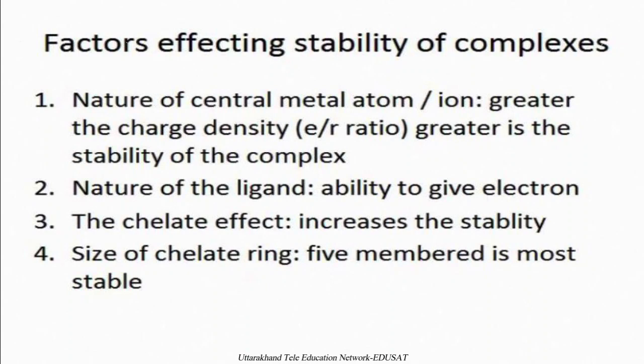The next example is chromium. If we have chromium 4 and chromium 6, then the chromium 6 complex would form a more stable complex with the ligands in comparison to chromium 4.